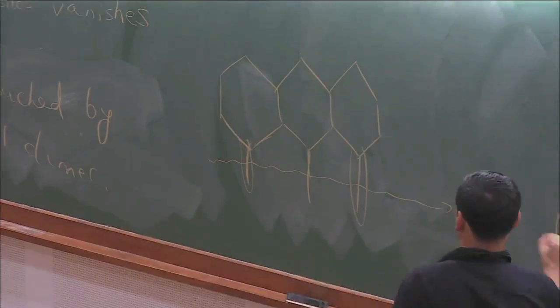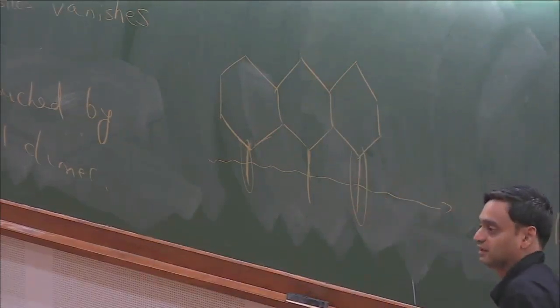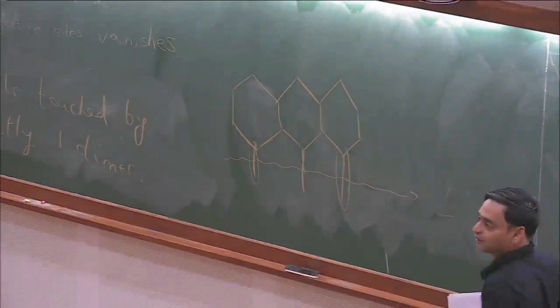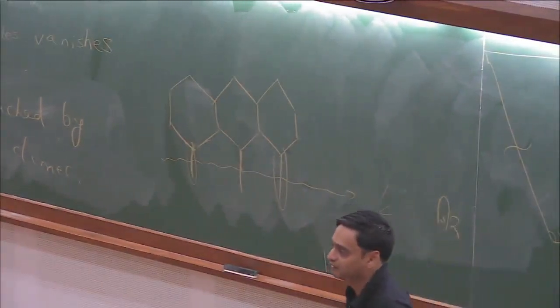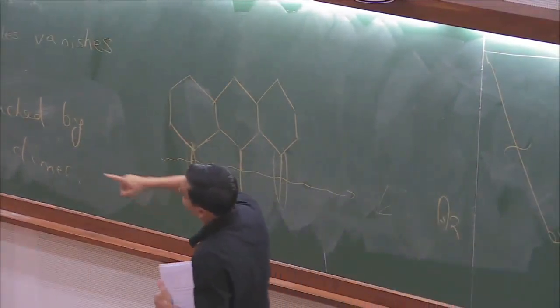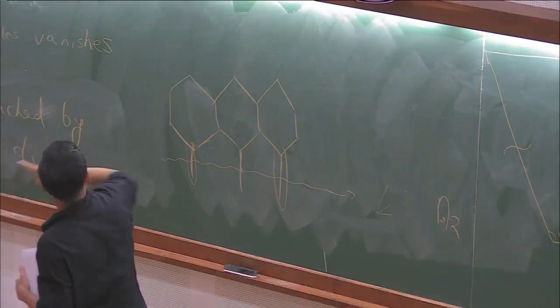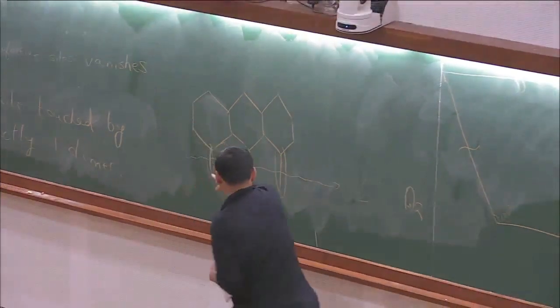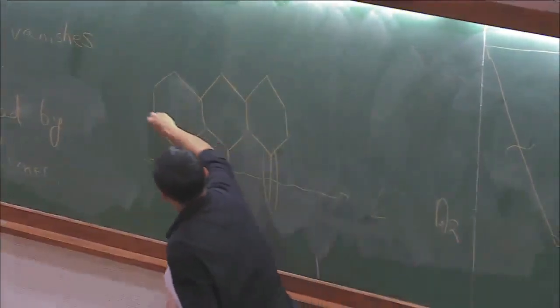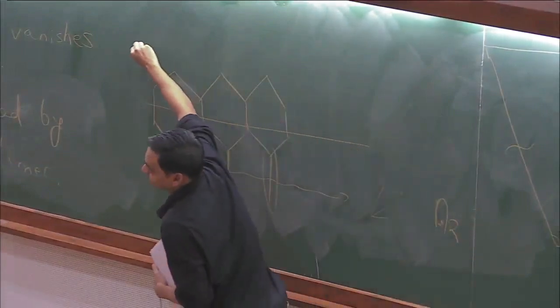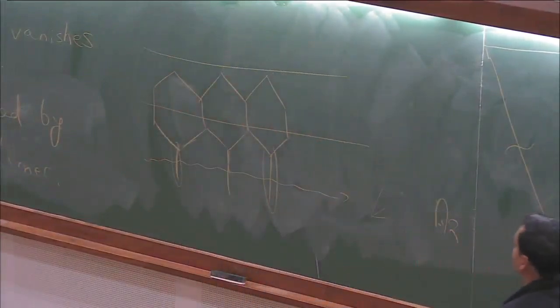Let that number in this case be N2, let's say. That number must be even, right? And in fact, you can check easily that if the dimers that touch are only 1 or 3 at every side, then this integer is preserved mod 2 along successive parallel lines. So it defines a sort of a winding number.